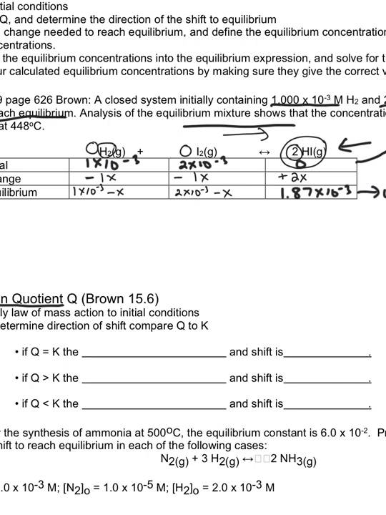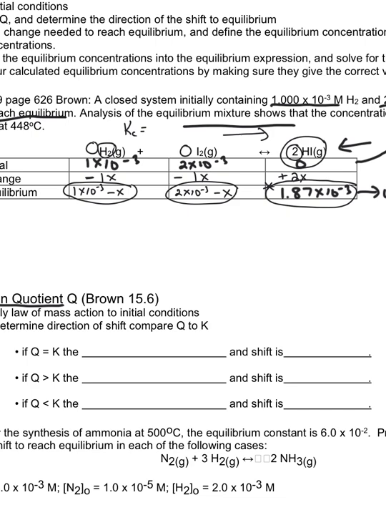Now, in order to calculate the value of Kc, I have to actually know what these concentrations are. Well, I do know the concentration of the product, so that's a good thing. But what I don't know is the concentration of the reactants, because I don't know the change. Can you look at this table right now and figure out a critical thinking or problem-solving strategy we can use to figure out what the change is?